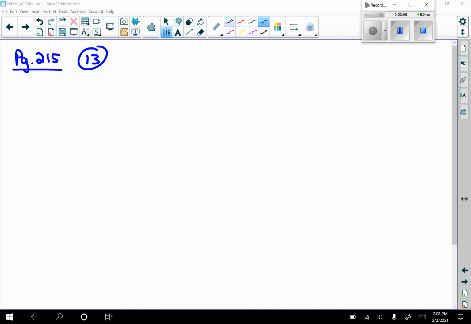Let's go ahead and draw a little picture here to help us. So let's say we're going to put a border here. We're going to be 4 inches from the top and the bottom and just 2 inches from the side. So we know this part right here is 4 inches, this part right here is 4 inches, this part right here is 2 inches, this part right here is 2 inches.